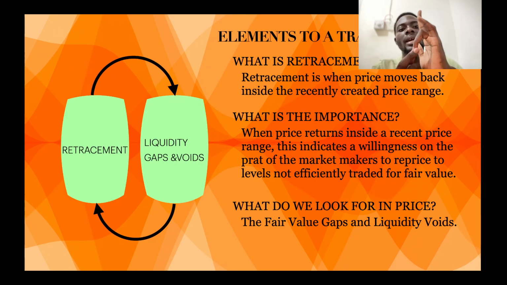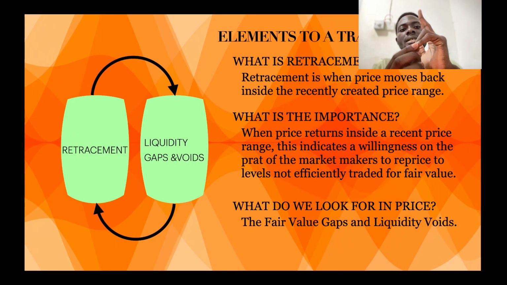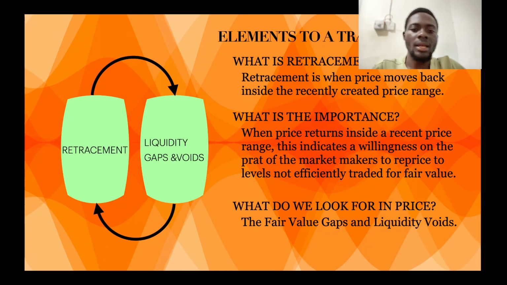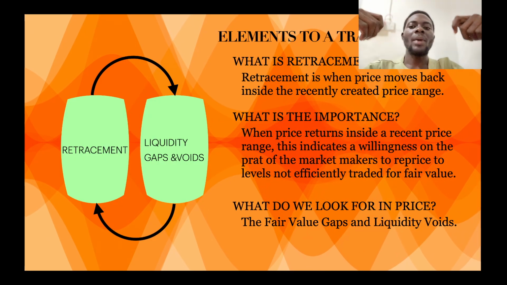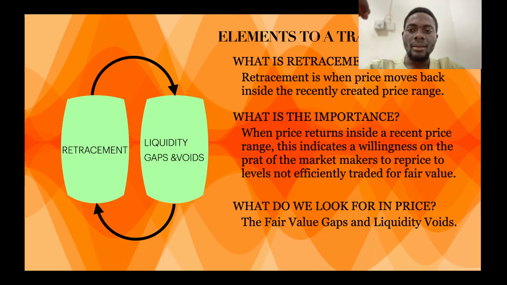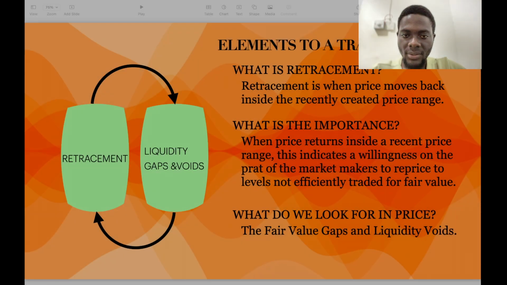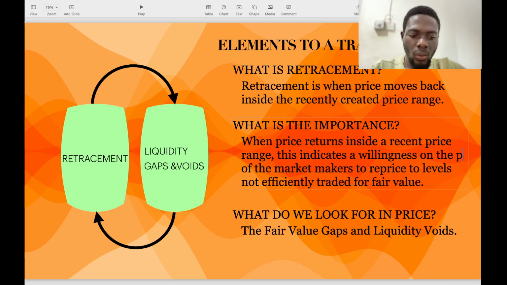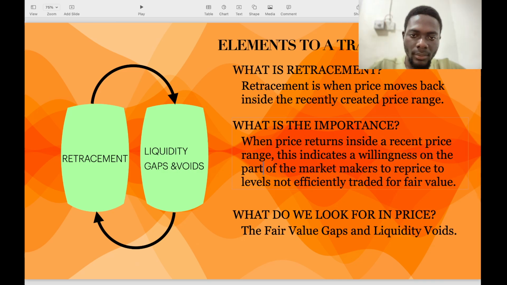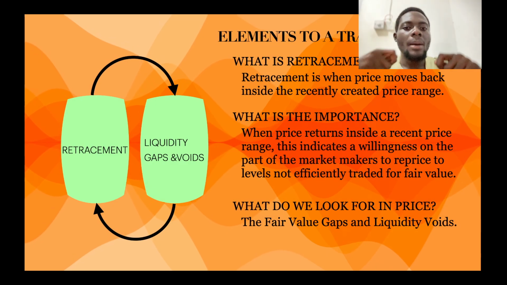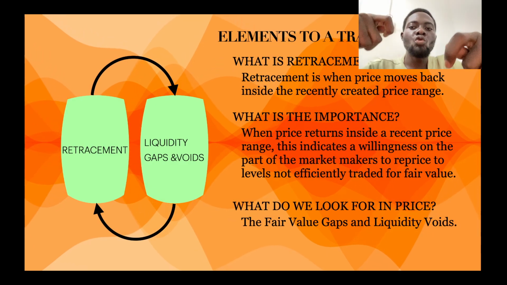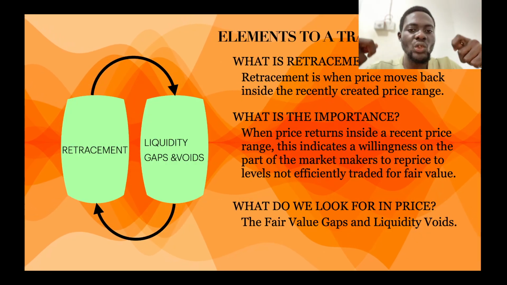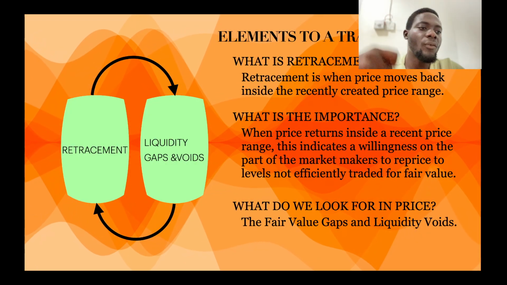It reaches a certain level like this, then it continues its run up. You understand? It shows that market makers are willing to reprice to levels not efficiently traded for fair value.